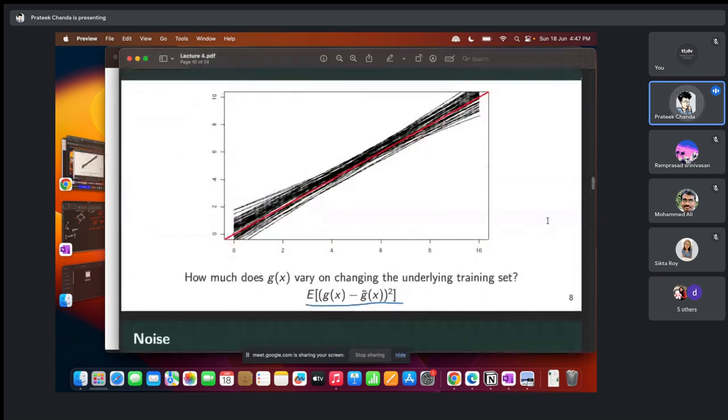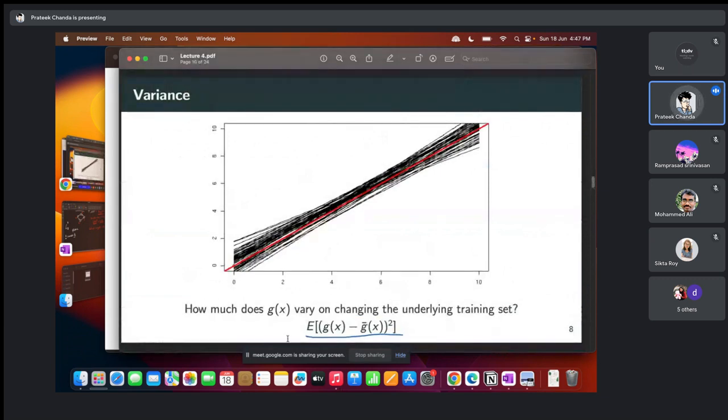The case of variance is how much g(x), one of the estimators or predicted fitted lines, varies on changing the underlying training set. That means how g(x) deviates from the mean prediction g bar of x.